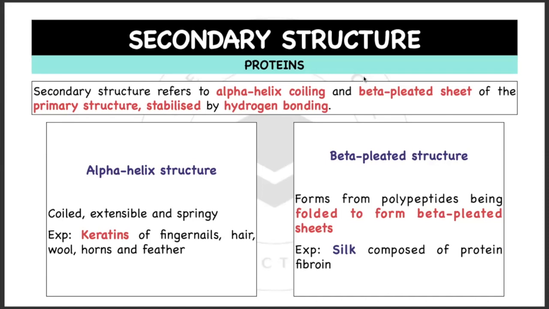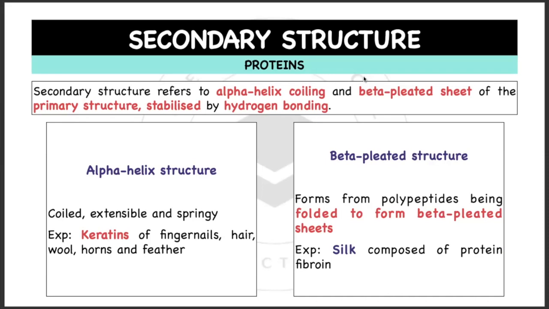After you've twisted or folded it, hydrogen bonds are formed in between. The hydrogen bonds formed in between the twisting or folding maintain the stable structure of the alpha helix and the beta pleated sheet, which is why the structures are able to stay as they are.